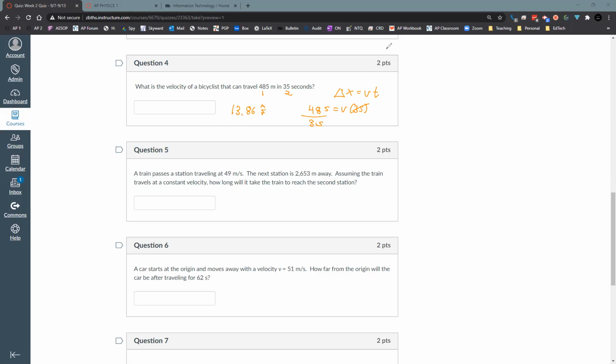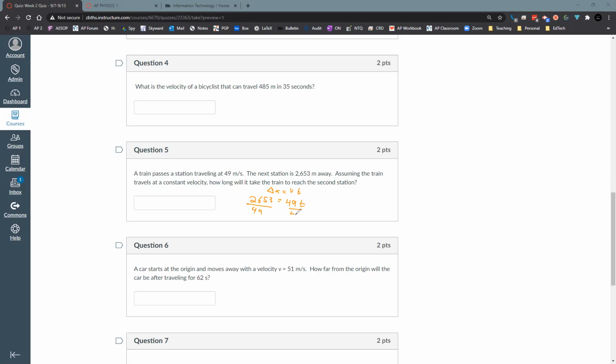All right, question 5. Again, numbers may vary, but a train passes a train station traveling at 49 meters per second. So there's your velocity. The next station is 2,653 meters away. There's your displacement. And again, we're doing delta x equals vt. This is repetitive because you're watching this video straight through. I apologize, but some people will be jumping around.